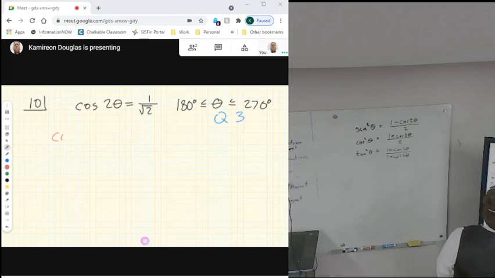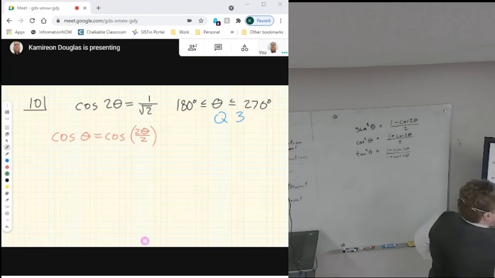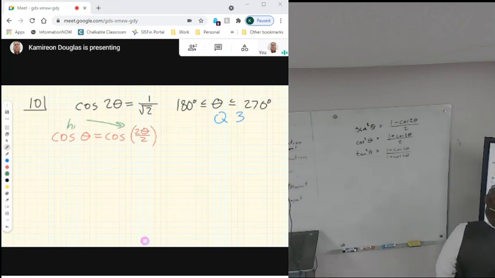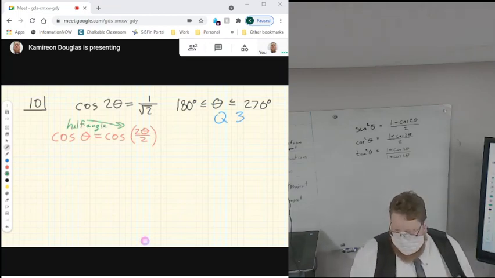If I want just cosine of theta, what I really want is to take cosine of 2 theta and cut it in half. This tells me I'm doing a half angle formula. I'm trying to cut 2 theta back into theta.